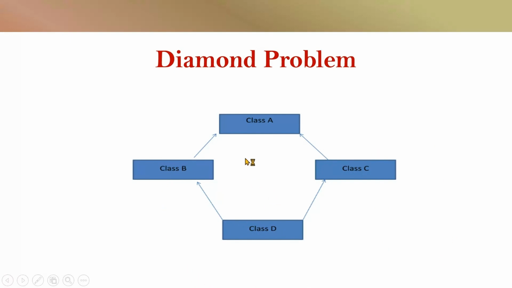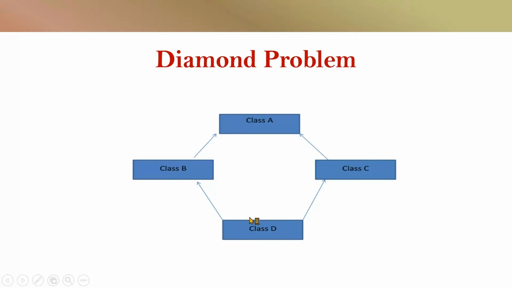So let's say there is a method in A and that method is overridden in B and C. Now a class D object needs to be created, and if it calls the overridden method, where the method name and parameters are the same, then class D creates an object of itself because it is a subclass, and the overridden method is called.